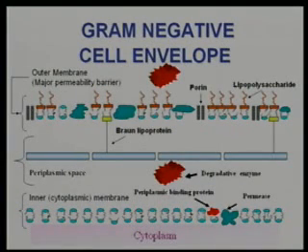This membrane is quite unique. It's very different. And this just shows you some examples of porins and lipopolysaccharides. The porins are actually involved in determining what can get through this outer membrane. So the outer membrane is actually the major permeability barrier, not the cell membrane, in gram-negative bacteria.